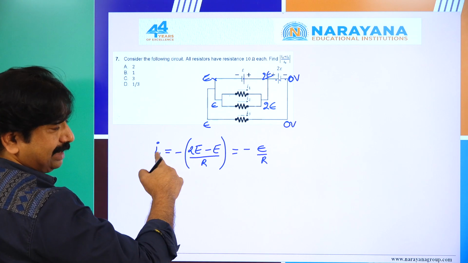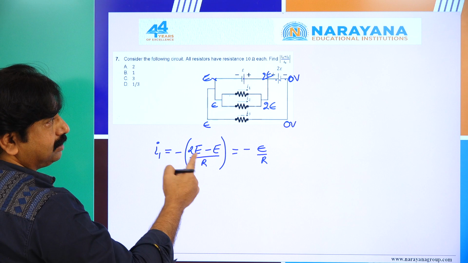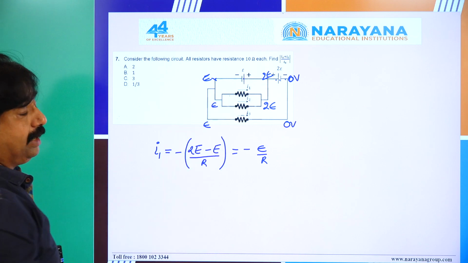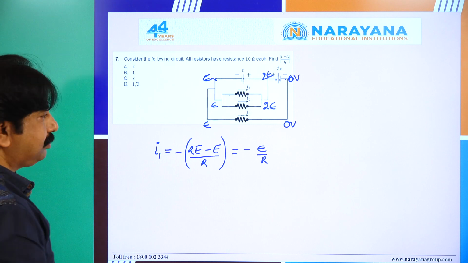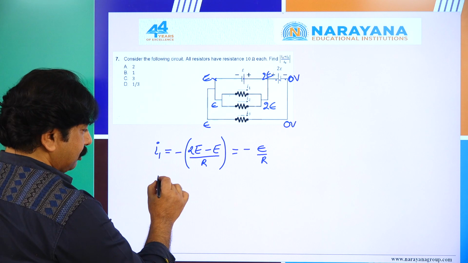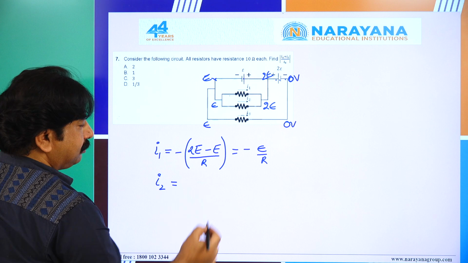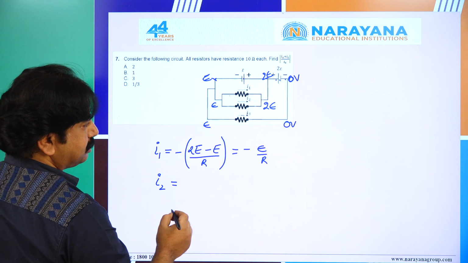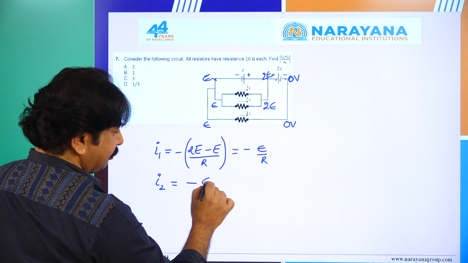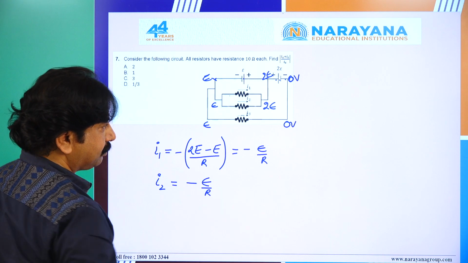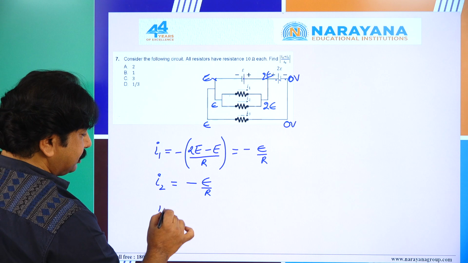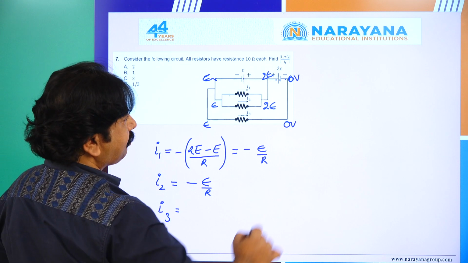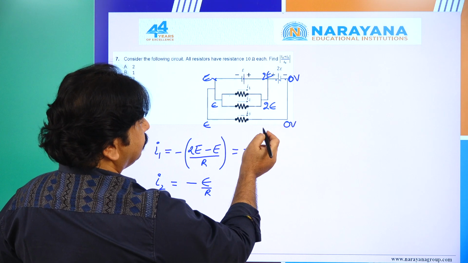Why am I considering the negative sign here? Simply because it is opposite to the given diagram direction. Similarly, I2 has the same resistance, so it flows in the same way and we get the same answer, E by R. But what is the I3 value?